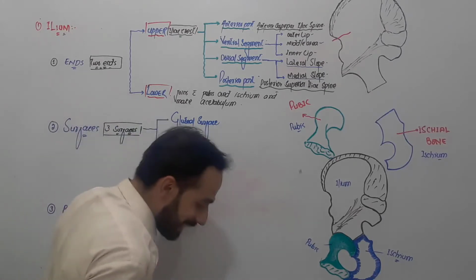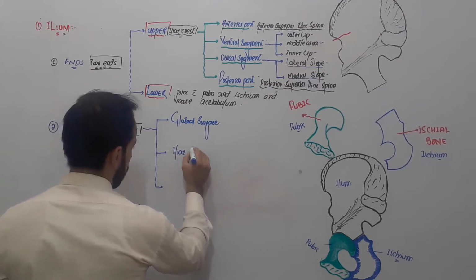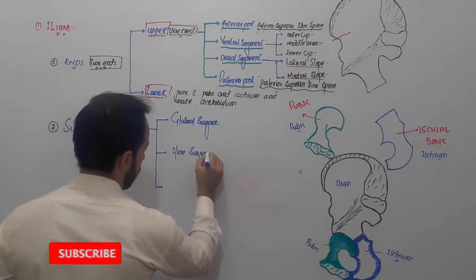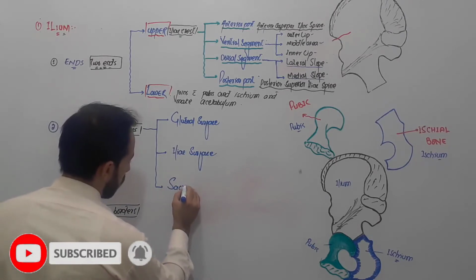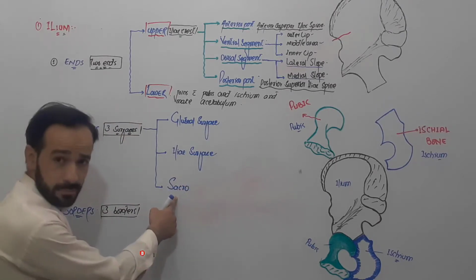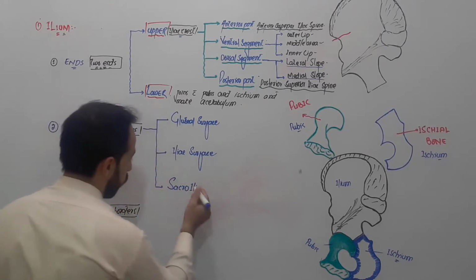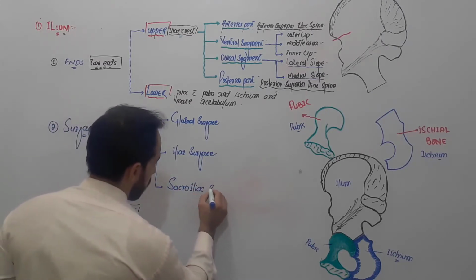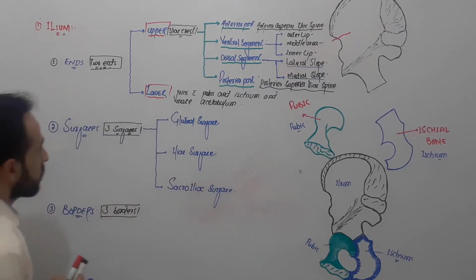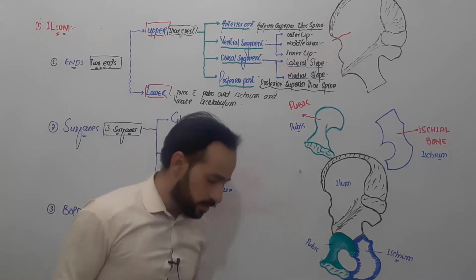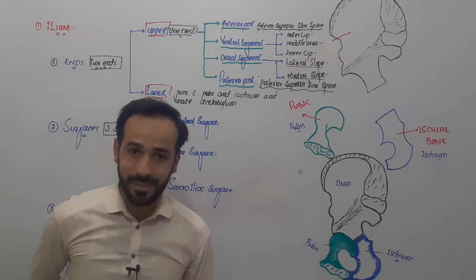Then there is the iliac surface, and then there is the sacro-, which refers to the sacral vertebra, right? And iliac means iliac bone, right? Sacroiliac surface, right friends? The gluteal surface gives attachment to the gluteal muscles, right?